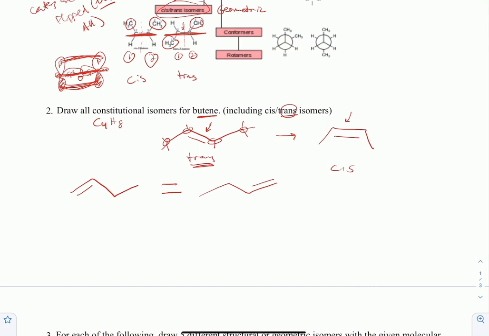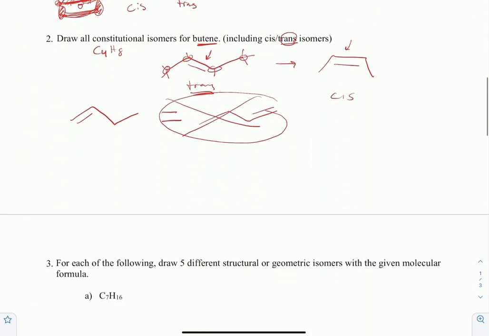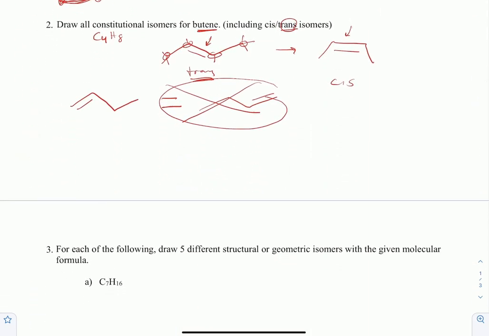All right, and then there's one more that you could draw here. In fact, let me just make sure that you don't make this mistake. So I'm going to draw an X like this. And the last one, once you reach max as far as how many isomers you can do with one parent chain of 4. So we've done parent chains of 4 carbons. What we do after we've maxed out our opportunities for a particular parent chain, we go down one.